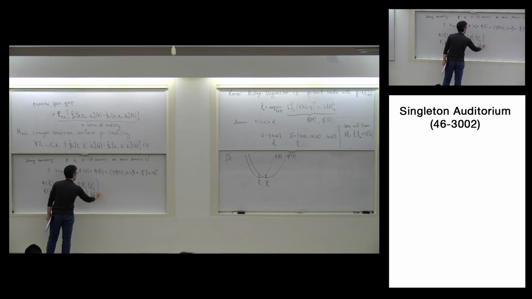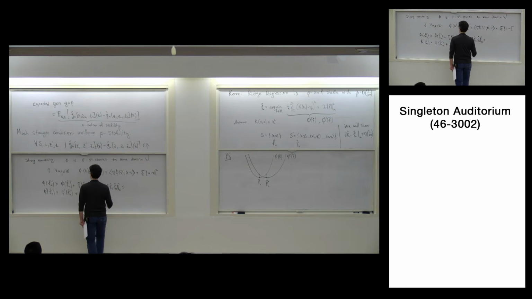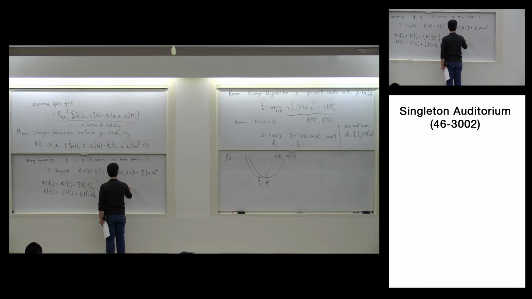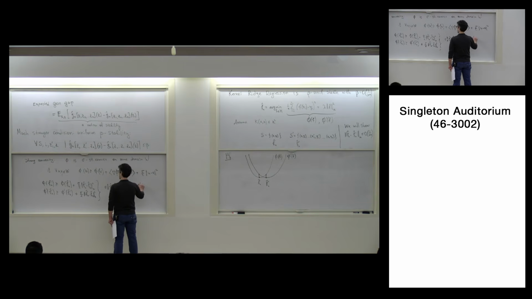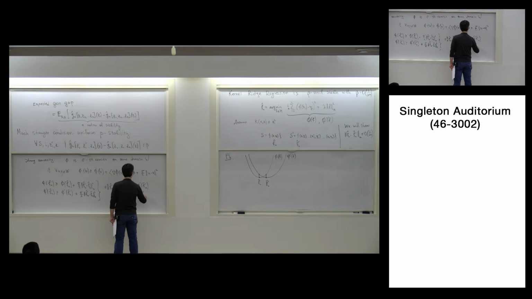So if I add them up, I get that sigma times the norm of f hat prime n minus f hat n squared is upper bounded by phi of f hat prime n minus phi prime of f hat prime n plus phi prime of f hat n minus phi of f hat n.